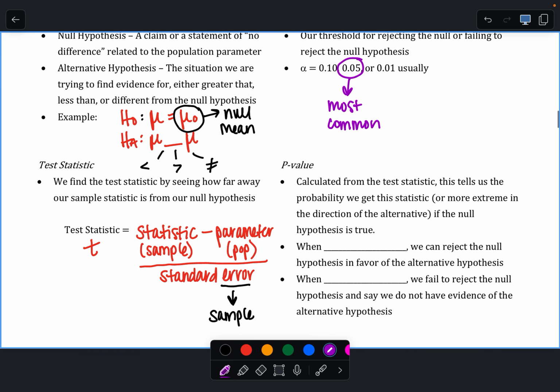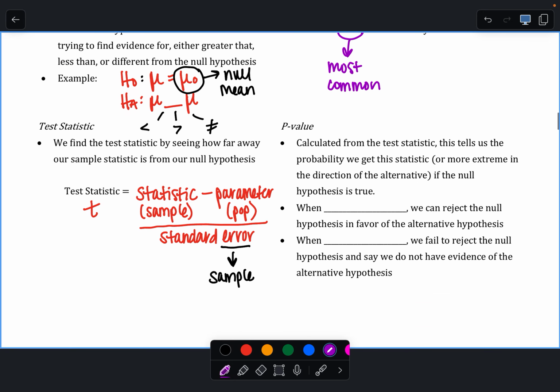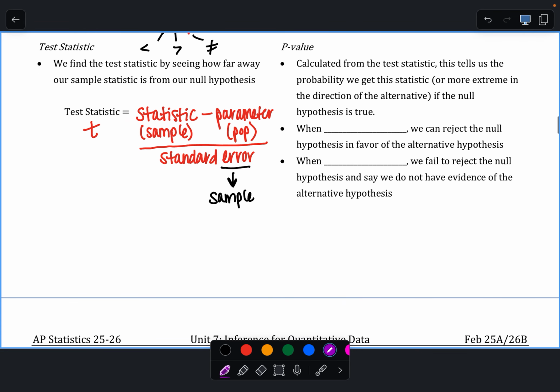Now, that significance level, that alpha, is compared to your p-value. The p-value comes from the test statistic, and it tells us, and this is kind of the definition, the probability we get the statistic or something in the more extreme direction. The big idea here is if the null hypothesis is true.